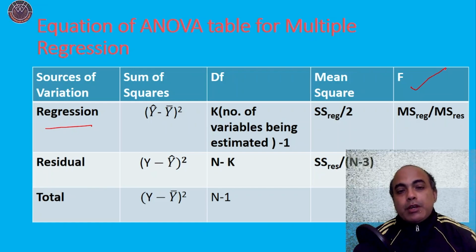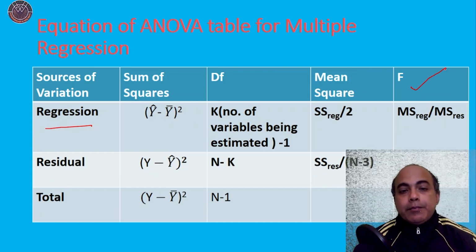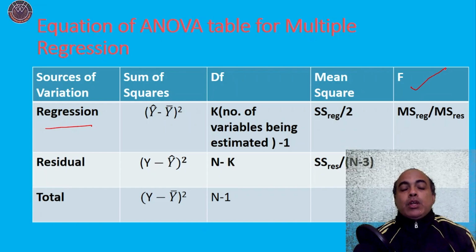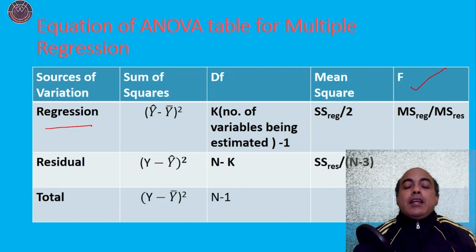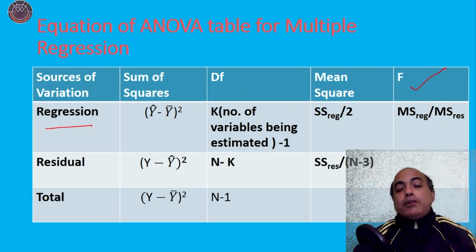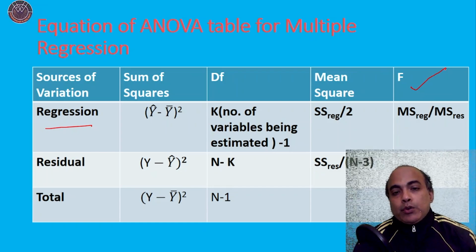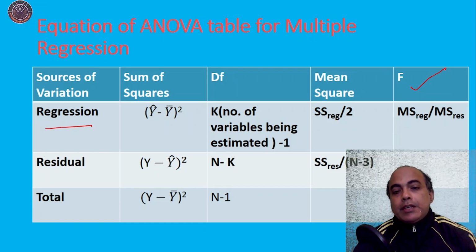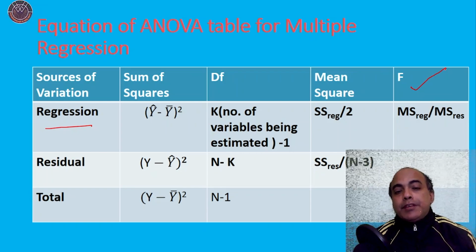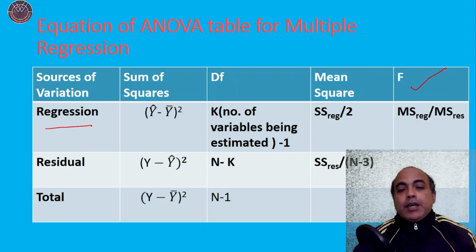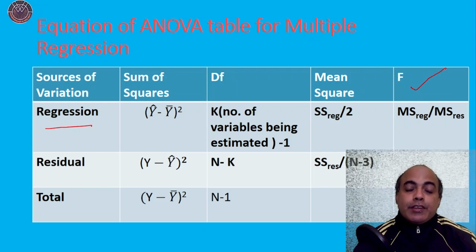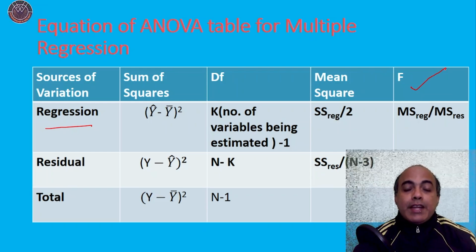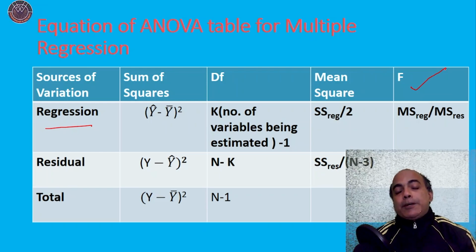The degrees of freedom I have discussed in an earlier video also, but let me make you understand again here. The degrees of freedom for regression is k minus 1, where k is the number of variables being estimated.